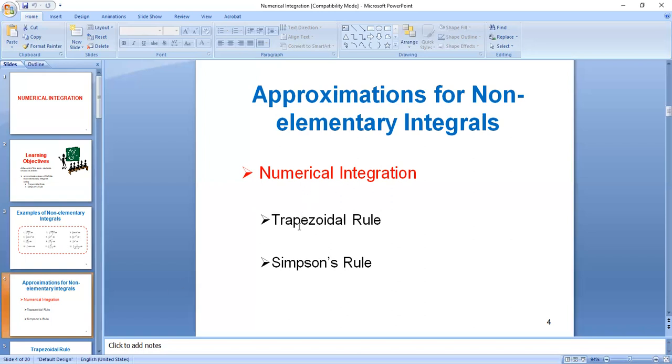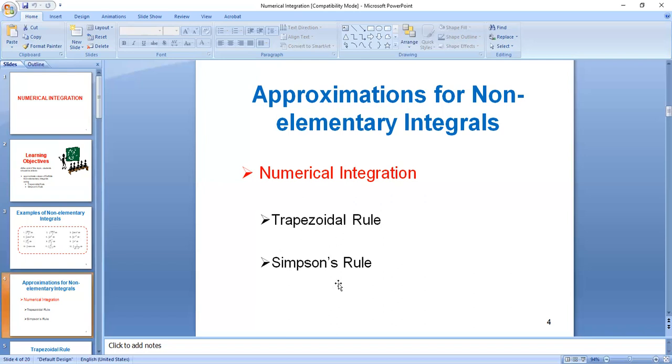Then what makes the trapezoidal rule and Simpson's rule different from each other? If both use division, like cutting the area under a curve into, let's say, 10 parts, then what's the difference between the two?